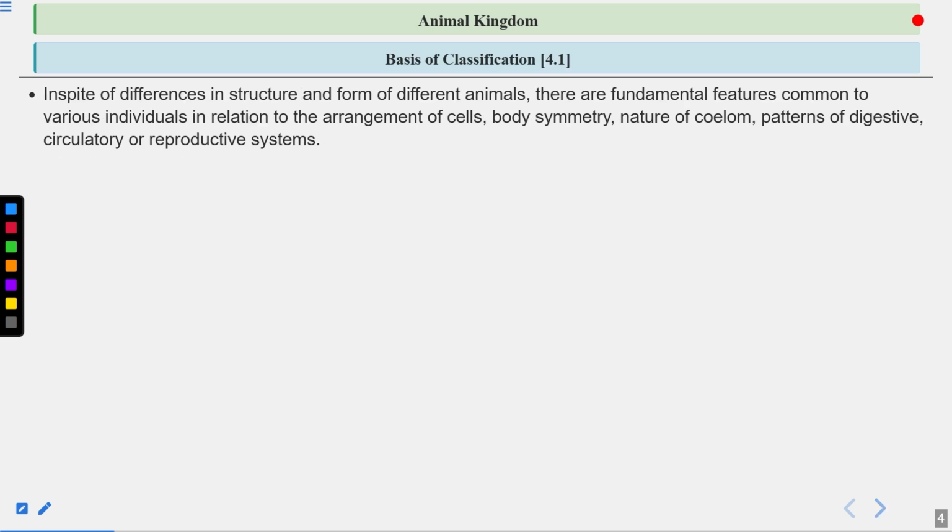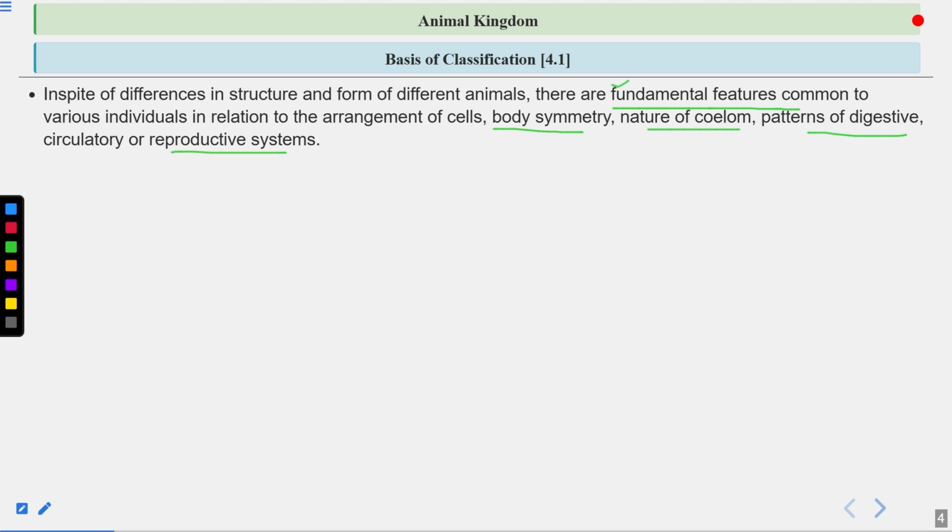Now, basis of classification. This is section 4.1 of your NCERT book, right? So, in spite of the differences in the structure and forms of different animals, there are fundamental features common to the various individuals in relation to the arrangement of cells, body symmetry, nature of coelom, and patterns of digestive, circulatory, and reproductive systems, right?